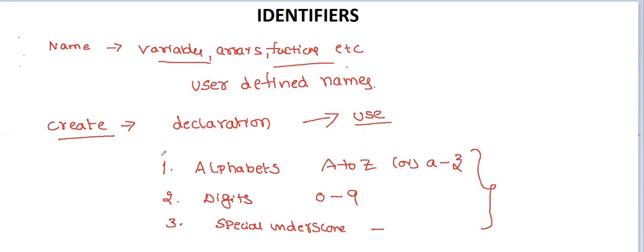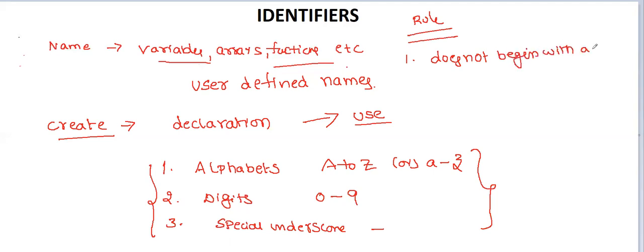Okay. Now, along with these, the most important rule for identifier is an identifier does not begin with a digit. Does not begin with a digit. For example, if you want to declare a variable int a, here a is a valid identifier.